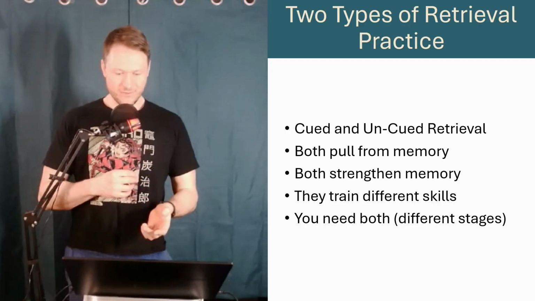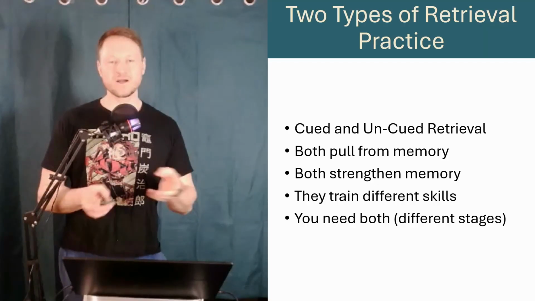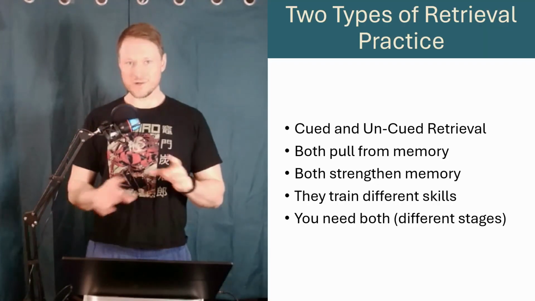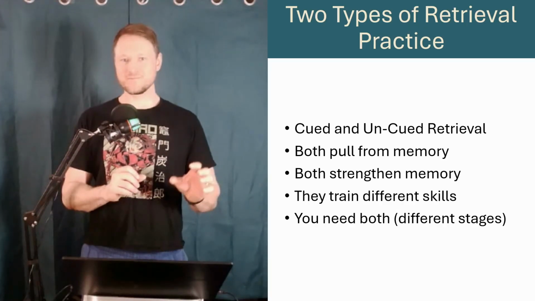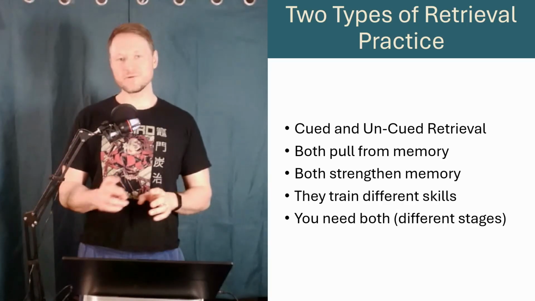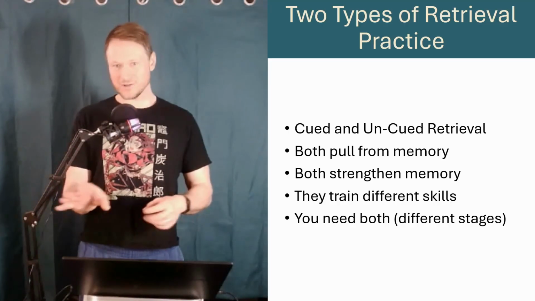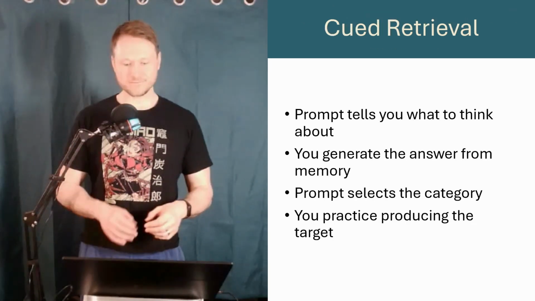They train at different levels, but you can't just rely on one or the other. I like to say that we need to know both of them. There's some cued that we need to do, then we can do some uncued, depending on your previous knowledge, what you understand versus don't understand, where your gaps are. If you try to use one approach, it's not going to be as helpful for you in the long term or the big picture of things.